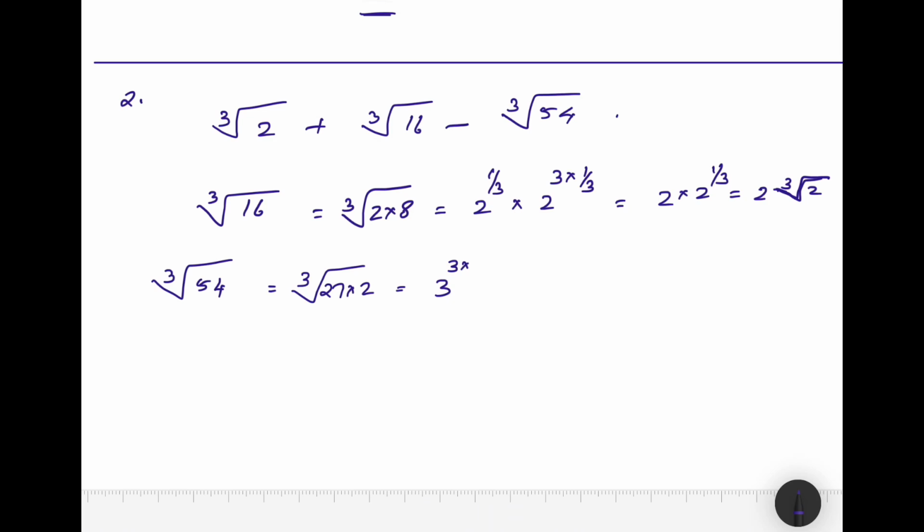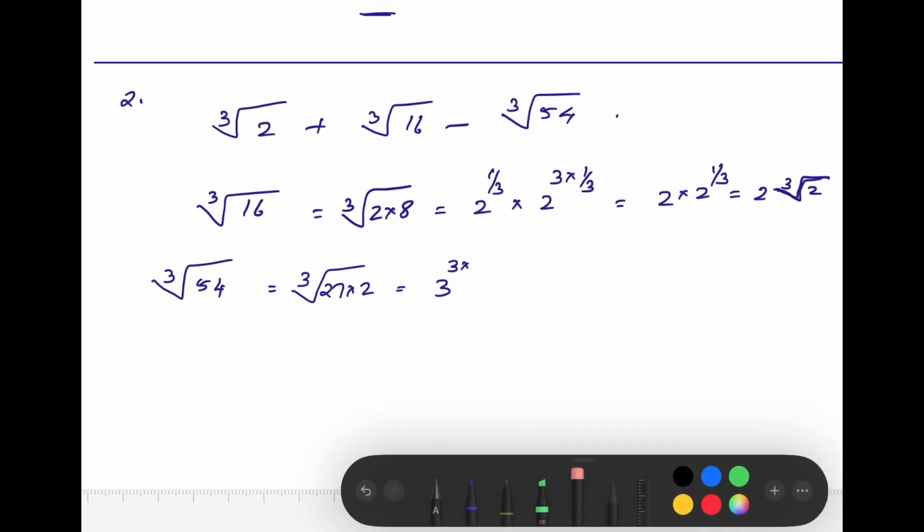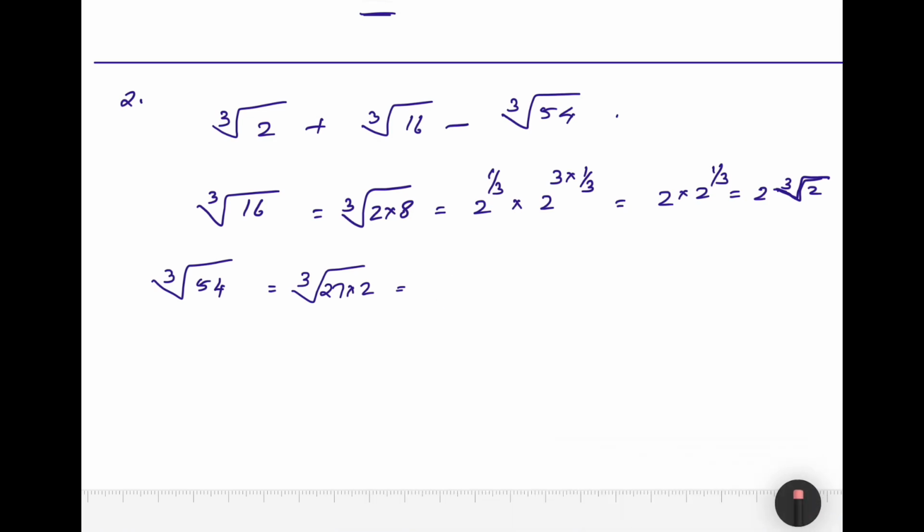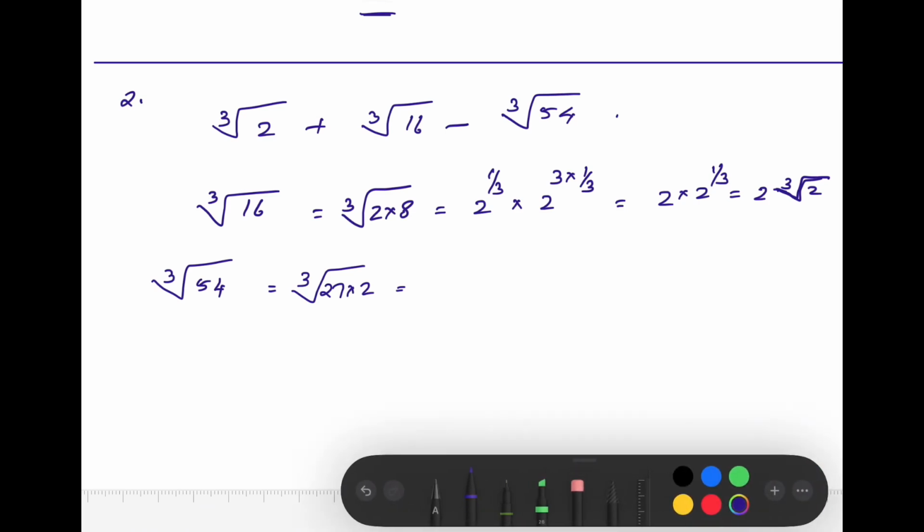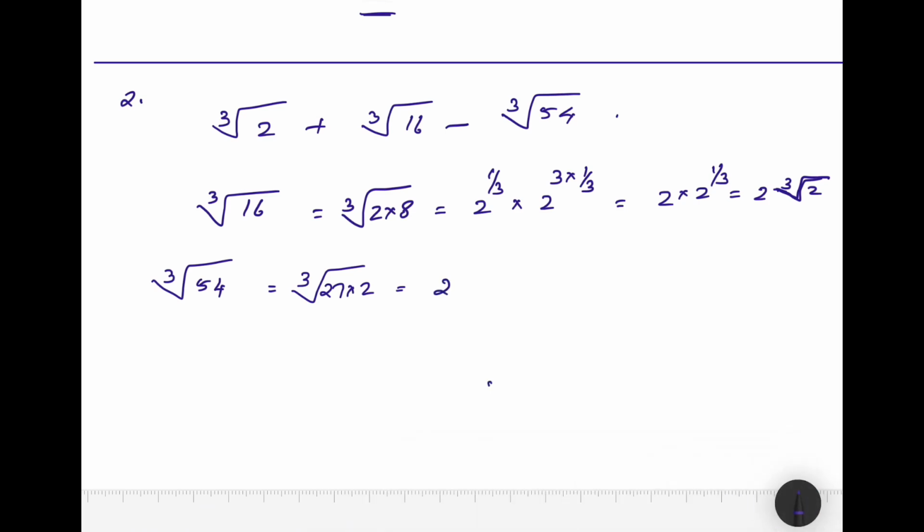I will write all the steps so that you understand it. This is 27 into 2 whole to the power of 1 by 3. So 3 cube into 1 by 3 into 2 to the power of 1 by 3. So this is 3 into cube root of 2.